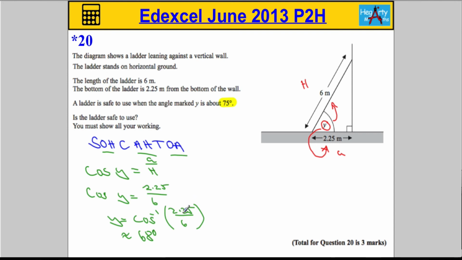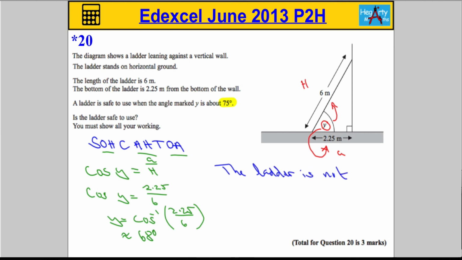Now, is that 75 degrees like it asked for? I'm going to say the ladder is not safe. The ladder is not safe.